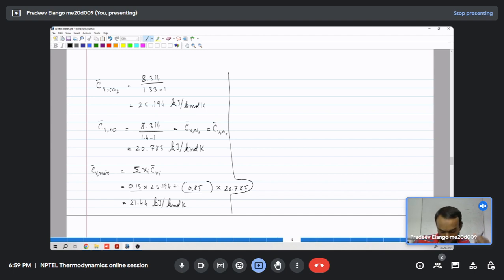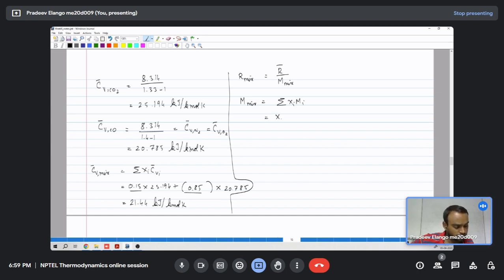Now we want to calculate Cp for our mixture. This is the universal gas constant divided by the molecular weight of the mixture. For the molecular weight of the mixture, it is the summation of xi times the molecular weight of the individual species.